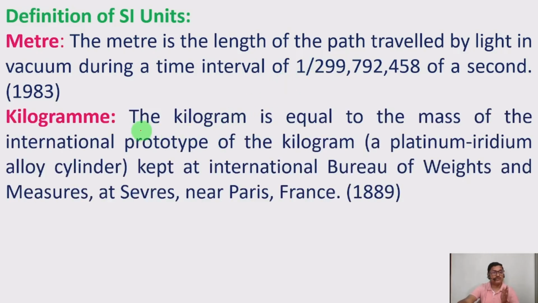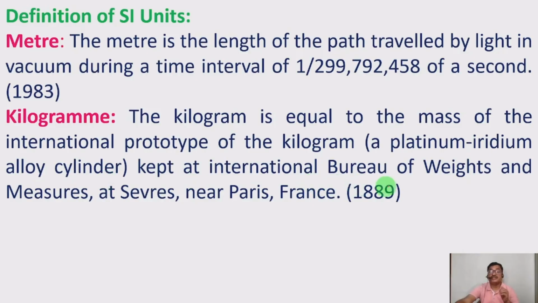Next one is the kilogram, the unit of mass. A kilogram is equal to the mass of the international prototype of the kilogram. One prototype is used as a standard there, a platinum iridium alloy cylinder. That is the standard reference for the development of this unit.